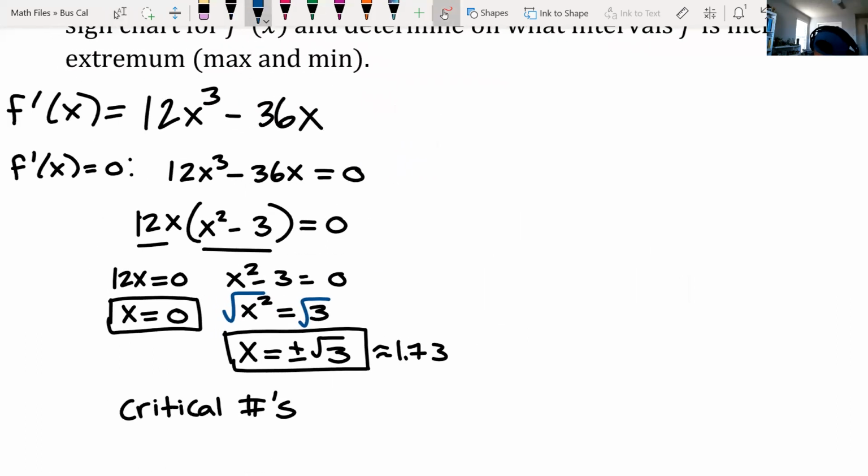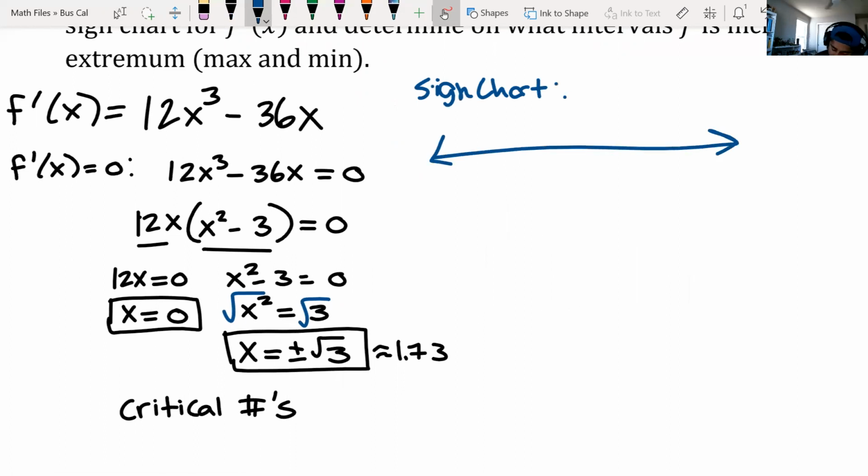Okay, so here we do our sign chart. I'll do it in blue. And I'll plot my critical numbers: negative square root of 3, 0, and square root of 3. Here's negative infinity. There's positive infinity.